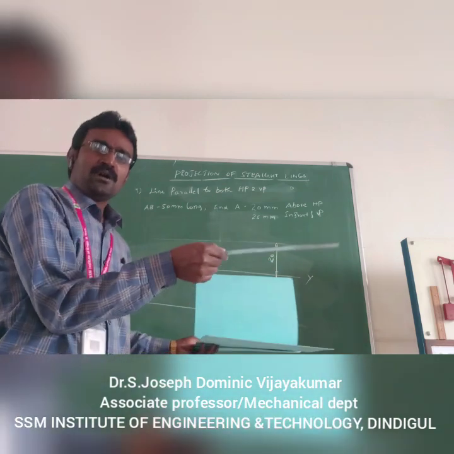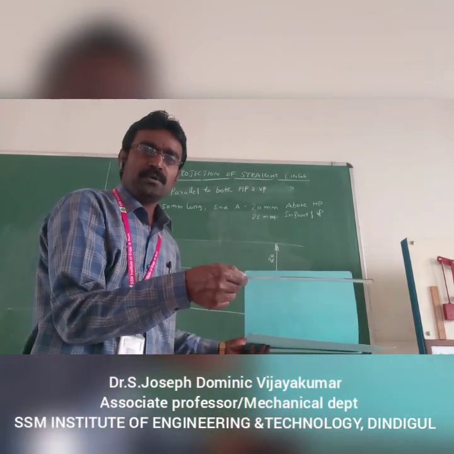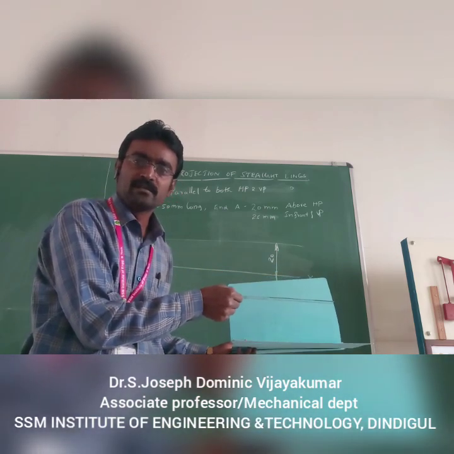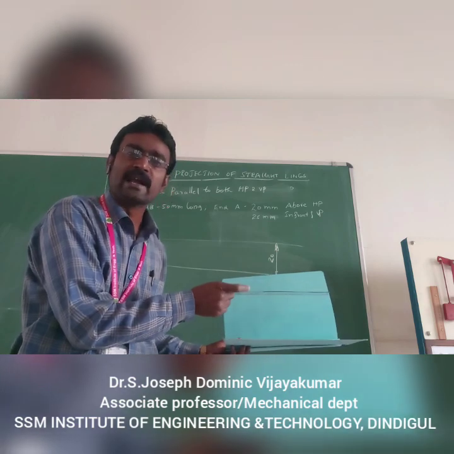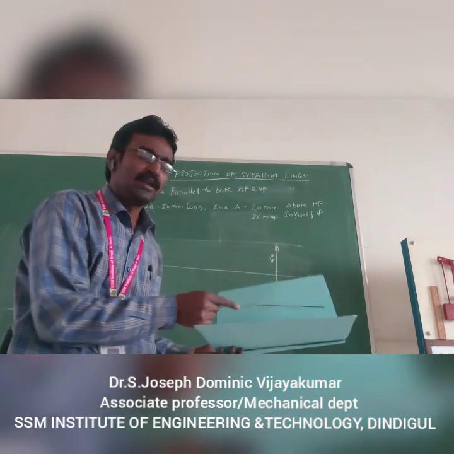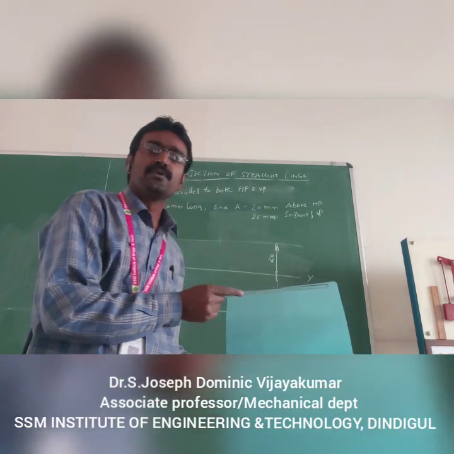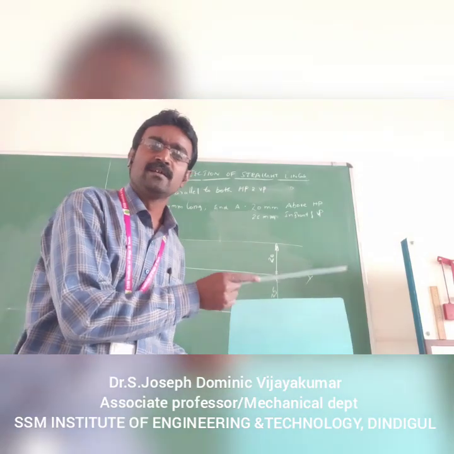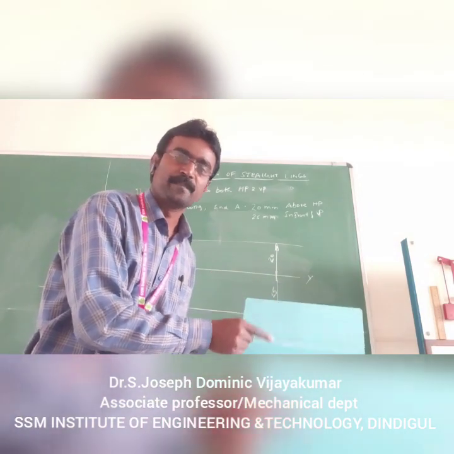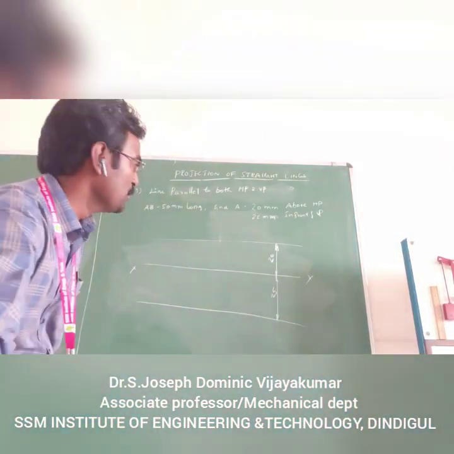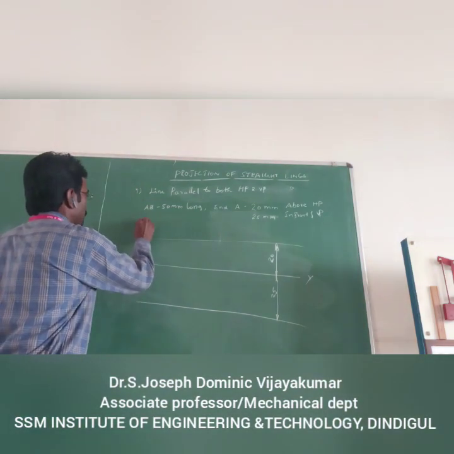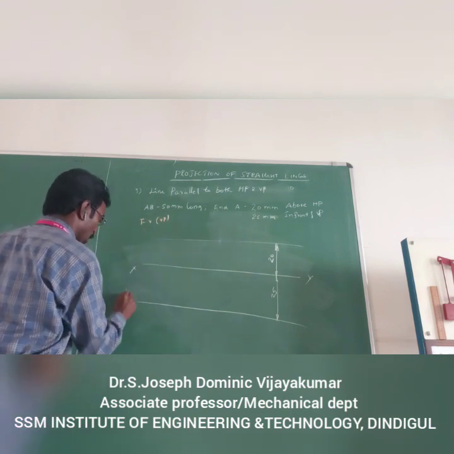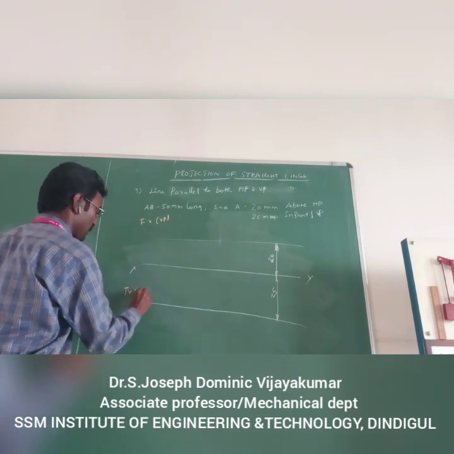So in the front view, the straight line view is obtained. Two end corners A and B are visible. Similarly, in the top view, we also obtain the same straight line, with the same two points A and B. That is the front view, vertical plane; that is the top view, horizontal plane.